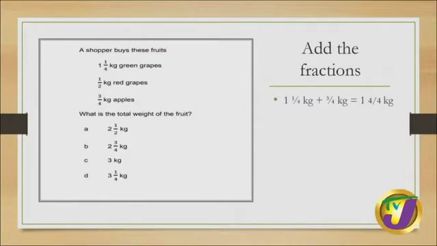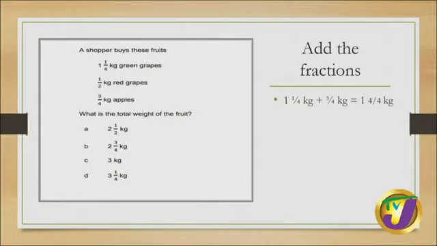Now, when you're doing your exam, please try to remember to be as efficient as possible. So you see 1 1/4, you see 3/4. Those fractional parts are from the same whole. They're both quarters. So it will be efficient to add those first. That's what I did there.